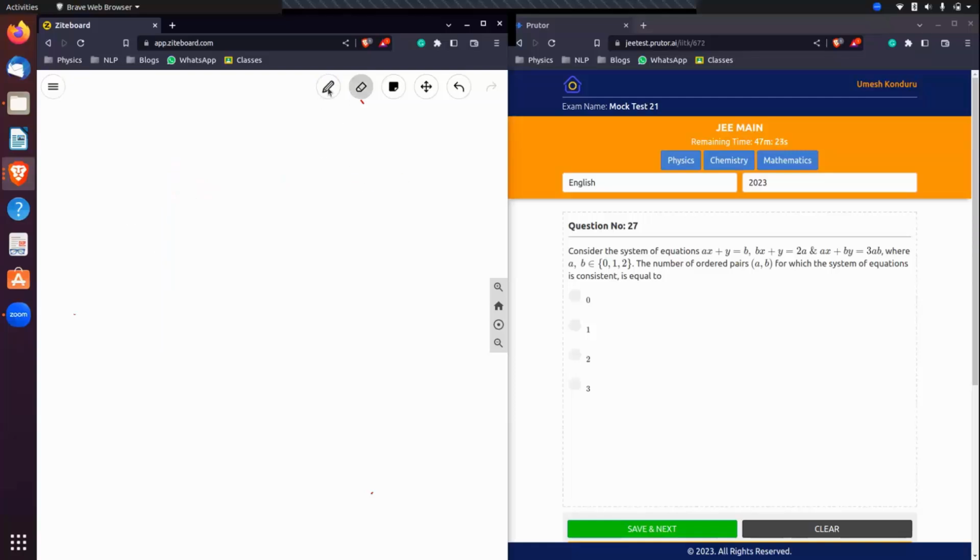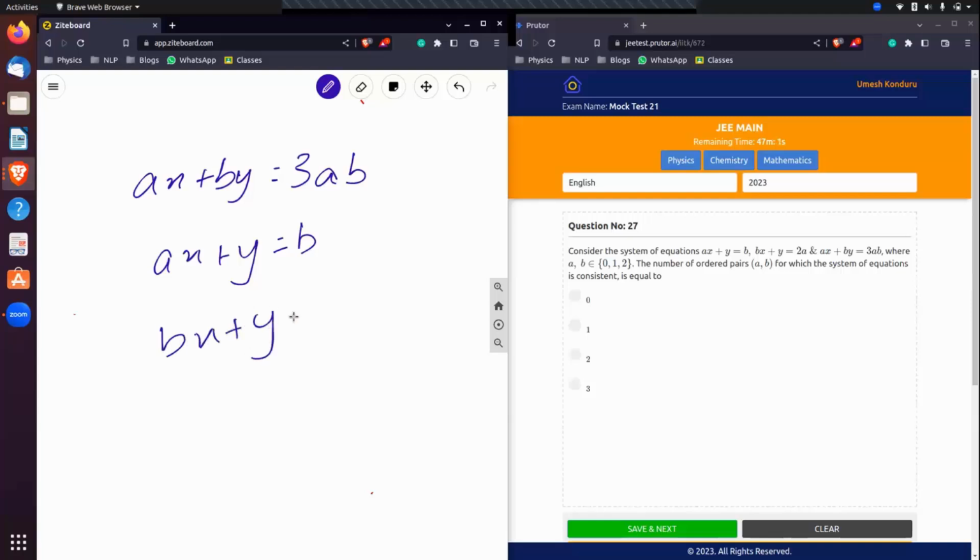Let me just think about this for a while. Now, if even one of a or b is 0, then this entire thing will become 0. And then one of these two will become 0.